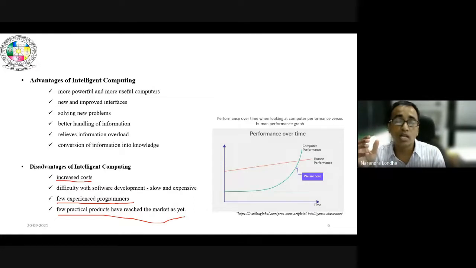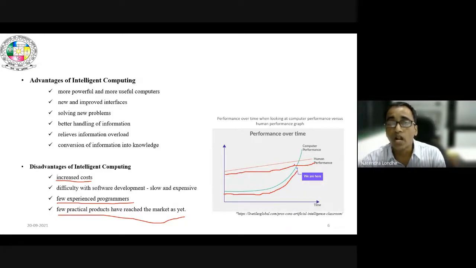Now I must say that it is increasing day by day, and if you look at this graph which I have shown here for the performance over time, the human performance and the computer performance, it started at a very low point, but now it is increasing, and we are somewhere here now.